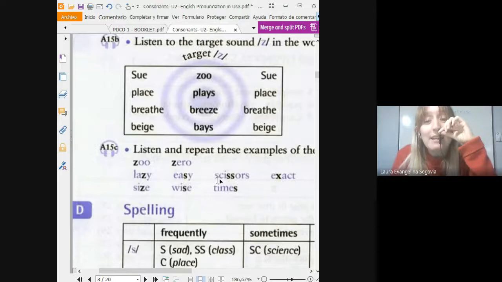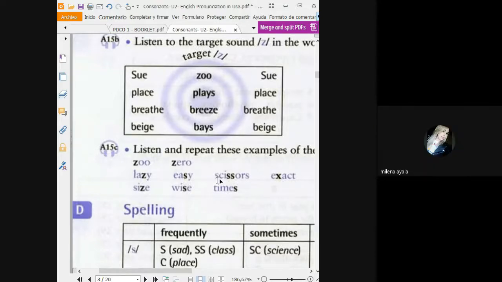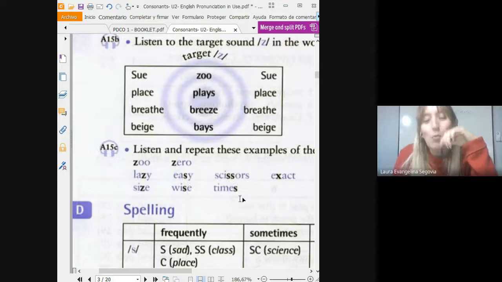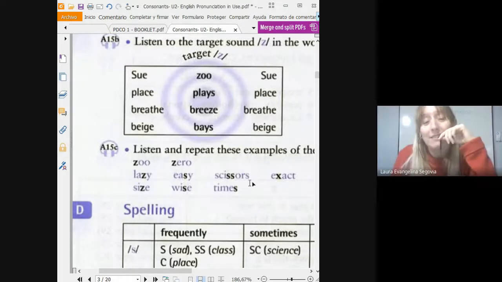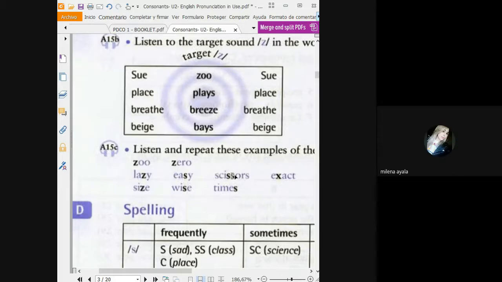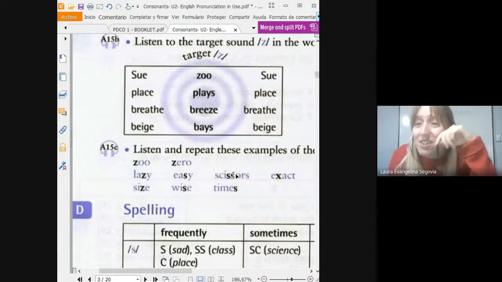C, zuz. Yes. Okay. ¿Cómo decías antes, tijera o tijeras? En inglés. How do you say tijeras in English?